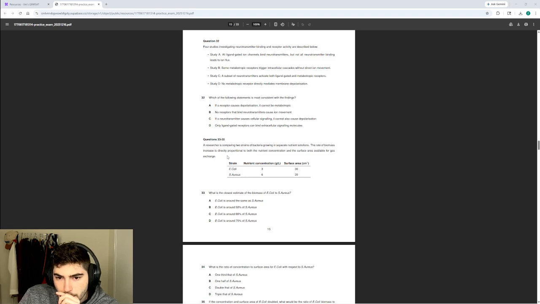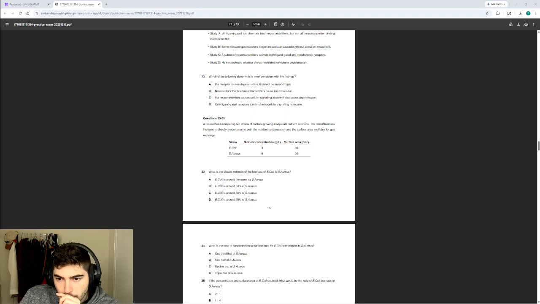The rate of biomass increase is directly proportional to both the nutrient concentration and the surface area available for gas exchange. So basically, I'm assuming that biomass is equivalent to this and this, and we want the mass of E. coli compared to S. aureus.